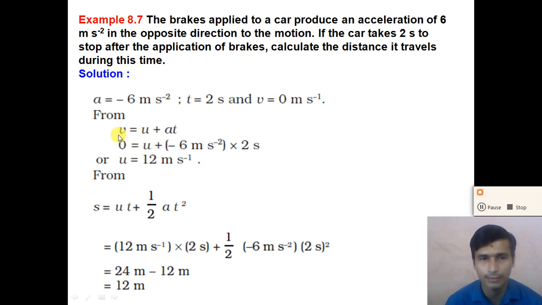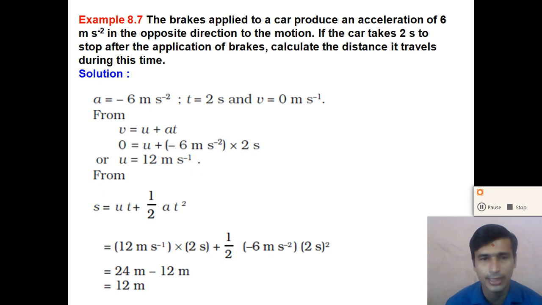Final velocity v is equal to 0, initial velocity we have to calculate, plus acceleration a is equal to minus 6 into time 2 second. So from this equation we get the initial velocity of the car u is equal to 12 meter per second, right? Now from the distance time relation or velocity time relation, we can calculate the distance traveled by the object.